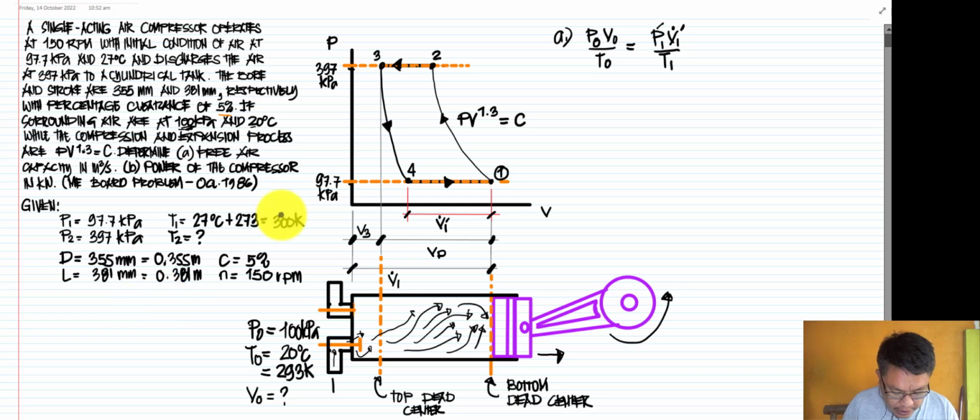Since we don't have the value for this one, wala pa tayong value, but we have the value for your T sub 1, so that is already given here, no? Then we have your T0 and P0. Okay, so what we don't have is your volume flow rate 1 prime. So yun ang hanapin natin.